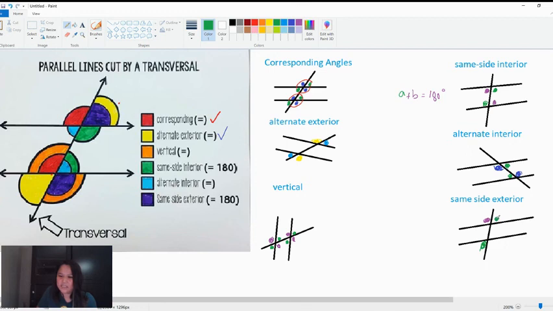So that one is on the same side of the transversal, but outside, exterior of the parallel lines. So here we're going to have same side exterior angles. So now when you look at your diagram, you can see that it's labeling all the parts so you can kind of identify them. You can get an example of each. I would recommend you print this out and glue inside your notes.